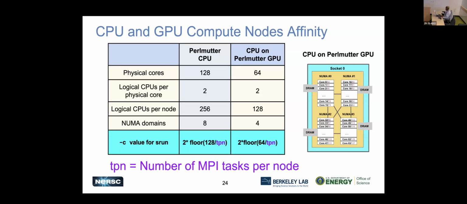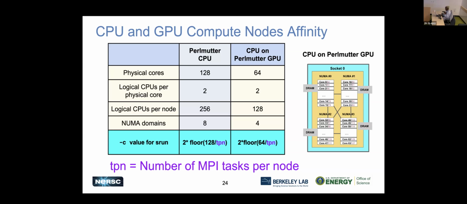Now when you consider a GPU node, GPU nodes have both CPUs and GPUs. The physical CPU cores will be 64. The logical CPUs per physical core is still 2, but you have 128 logical CPUs per node, and you have 4 NUMA domains.